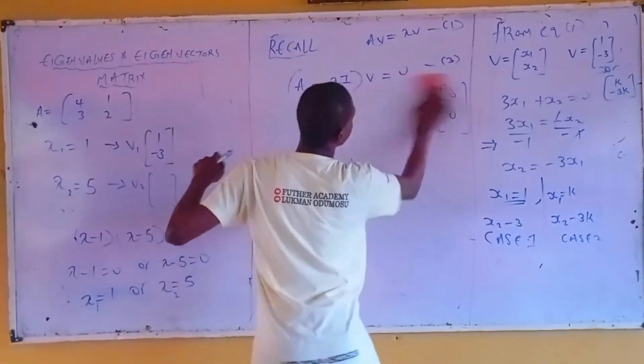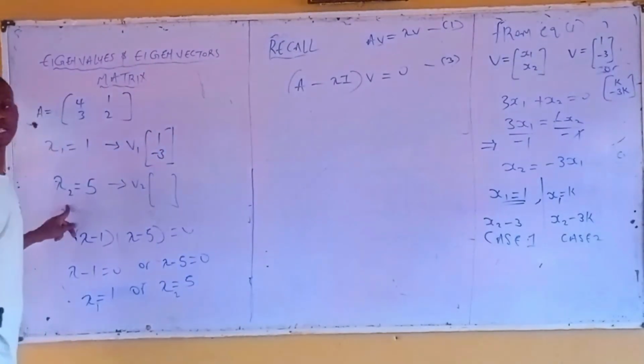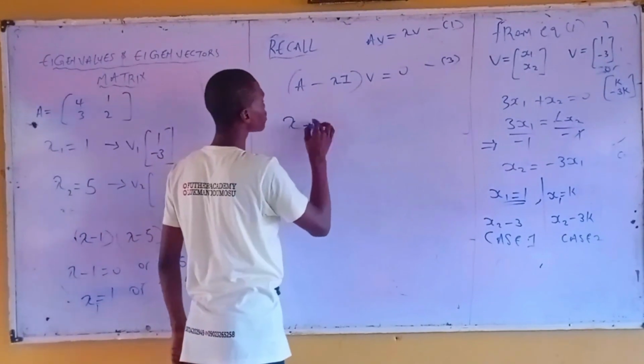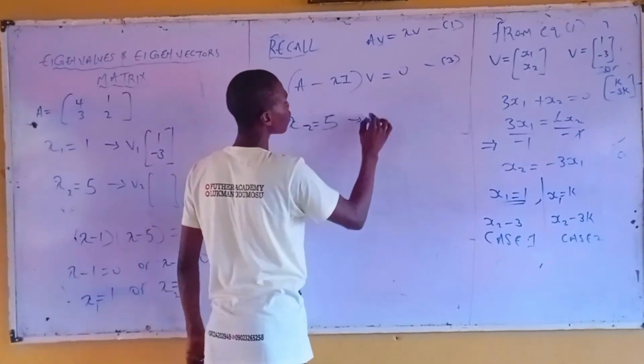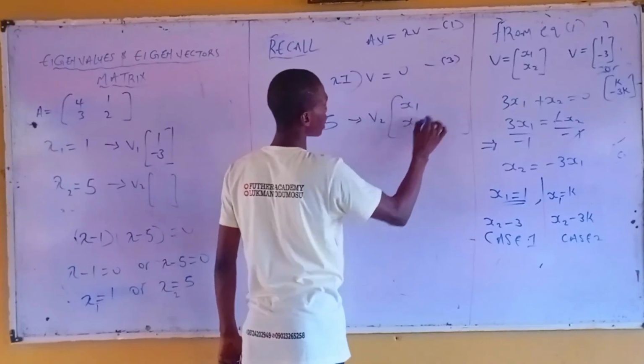When your eigenvalue, meaning lambda 2, is 5, you are looking for the eigenvector, denoted as s1 and s2.